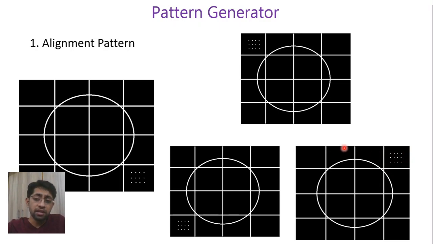In the last case, if this group of dots appears exactly in the opposite corner as shown here, one can predict that the polarity of the current flowing through both the horizontal deflection coil and vertical deflection coil is reversed. Thus, with the position of these dots you can predict the polarity of the current flowing through the horizontal and vertical deflection coils.